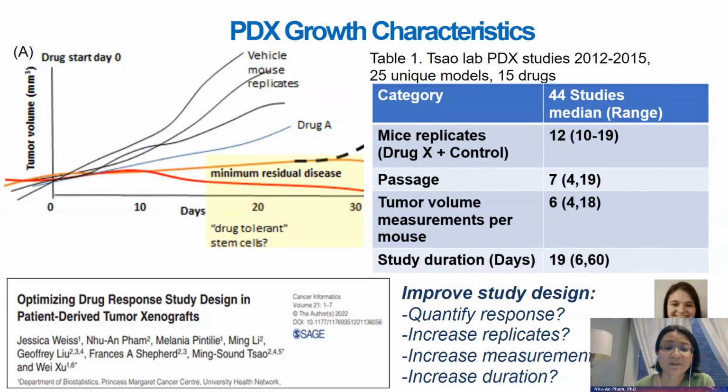Some of the features that one can measure in terms of tumor growth: here, you can see in the y-axis is tumor volume as estimated from the length and width of tumor measurements with the skin fold. And here you can see over days, typically between 30 to 60 days, growth to the maximum size of around 1.5 centimeter in largest diameter.